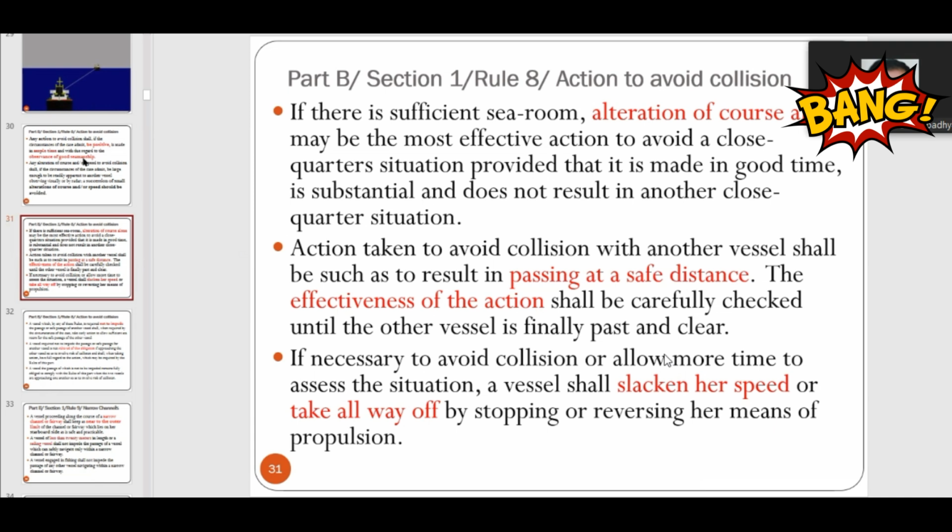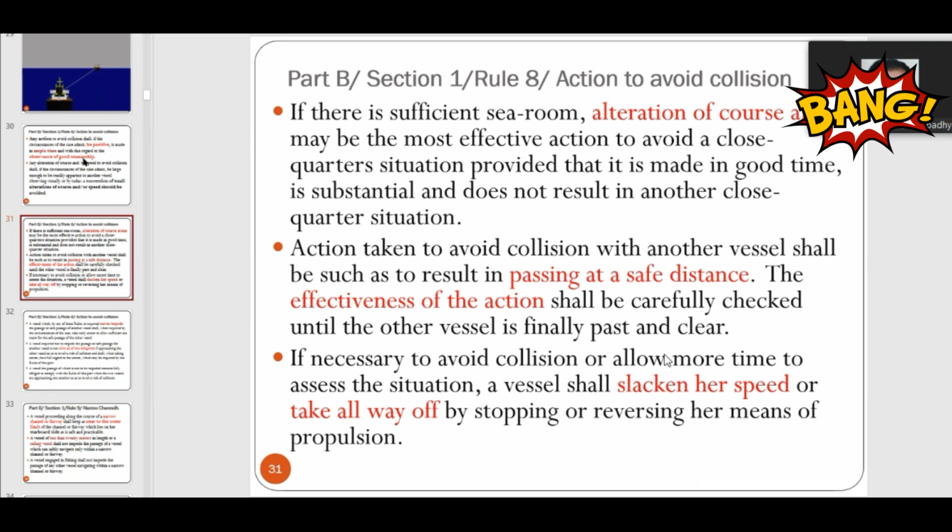But then suppose visibility deteriorates and you have your radar on and see that there's a target on this range. When it was clear, I couldn't see it. Now it is not clear. So that makes you nervous.